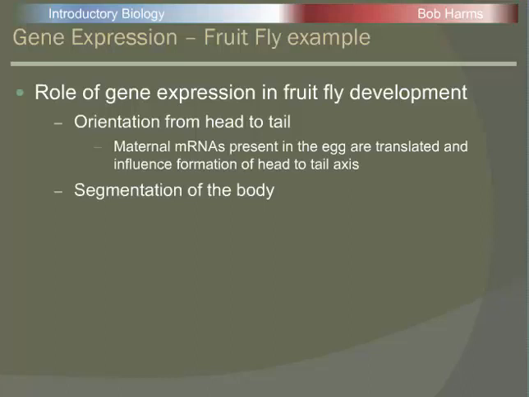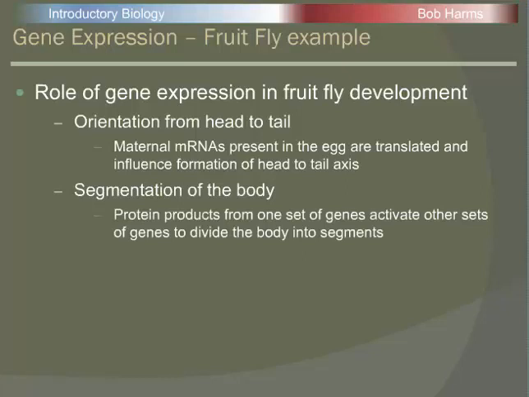We know that many organisms have segments to their body, and certainly fruit flies are no exception here, and it's protein products from a very specific set of what we might call segmentation genes that are producing the right proteins that cause this segmentation. And it turns out that there's a set of genes that sort of activates or turns on this second set of genes that are going to produce the segments. So again, it's all about gene expression.